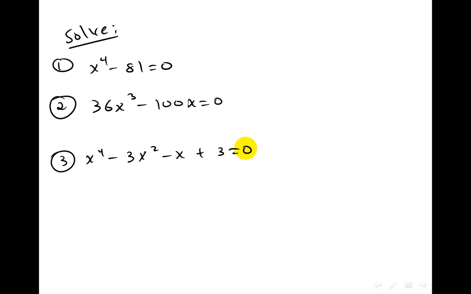Okay, the first question is x to the power of 4 minus 81 equals 0. Second one, 36x cubed minus 100x equals 0. Third one, x to the power of 4 minus 3x squared minus x plus 3 equals 0.